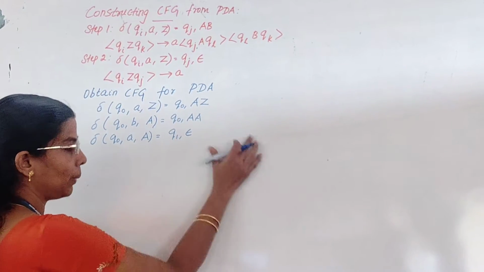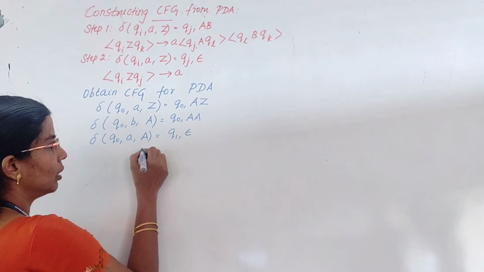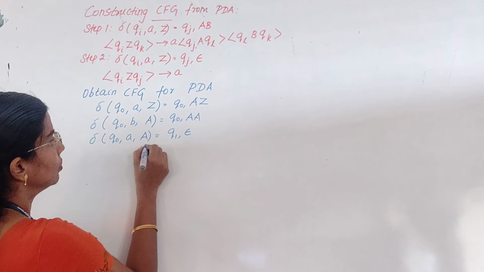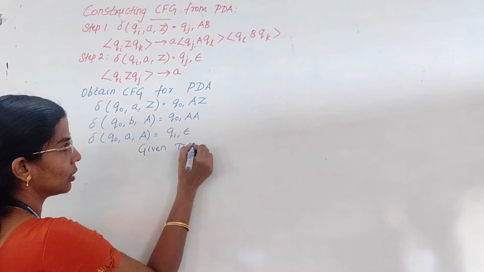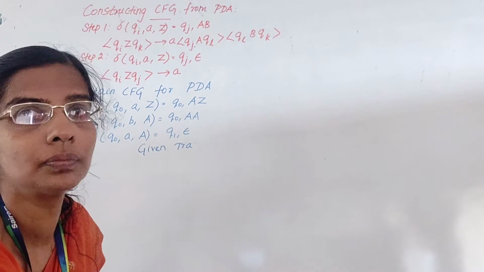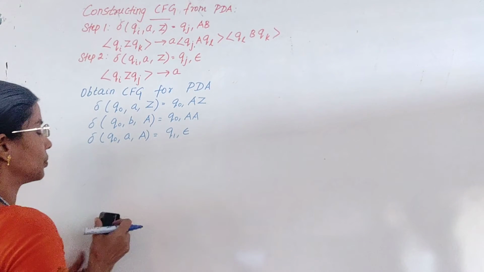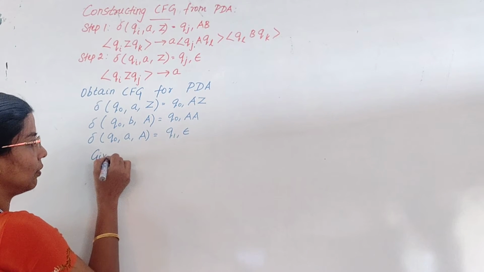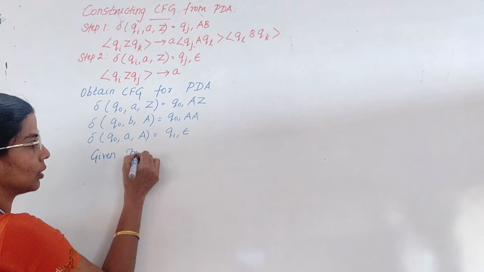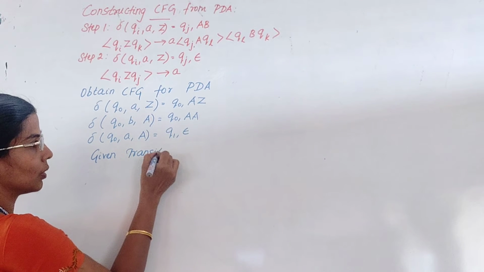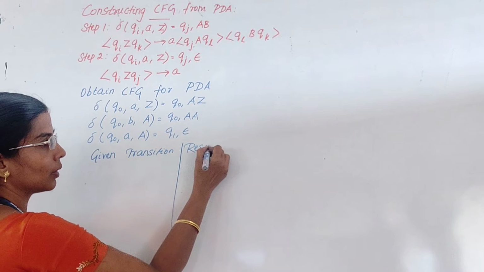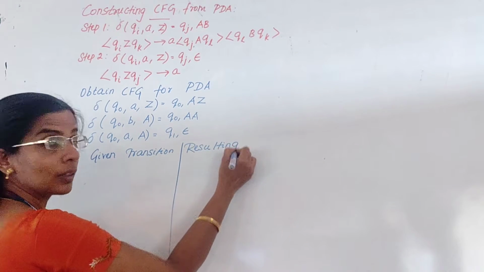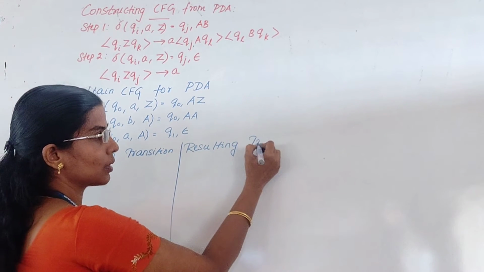So you can make a table of columns: given transitions and resulting transitions.